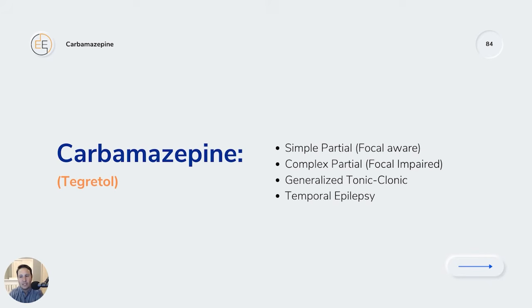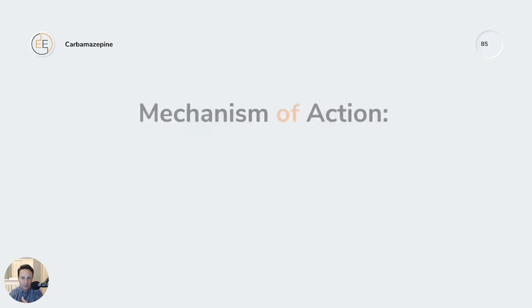Tegretol, which is the brand name for carbamazepine, the TE in Tegretol should help you remember the TE in temporal lobe epilepsy. So I don't know why it stuck, but that's how, along with focal aware, focal impaired, I remember that Tegretol is the go-to for temporal epilepsies.